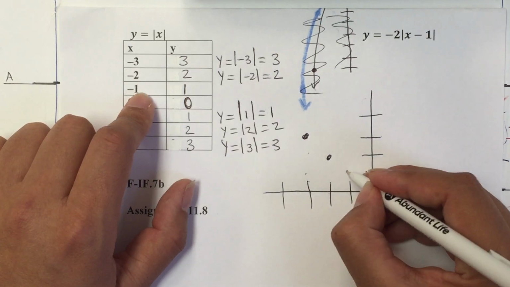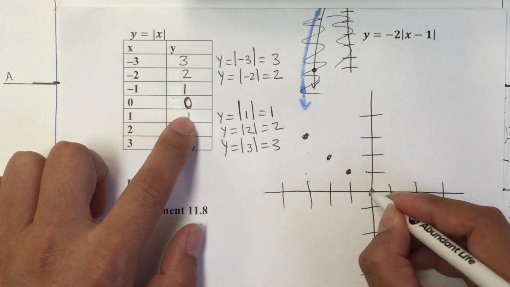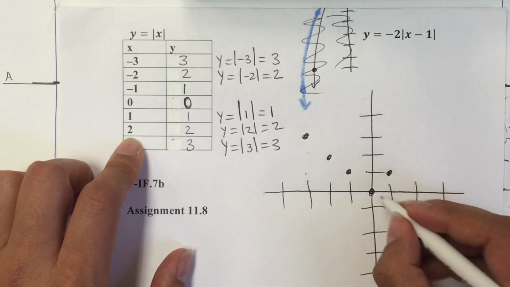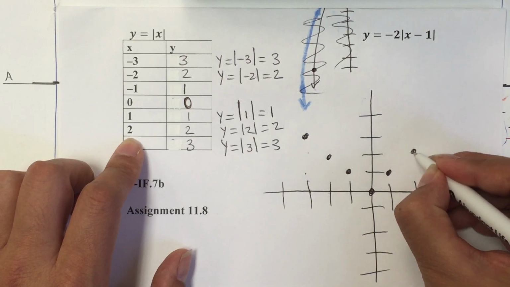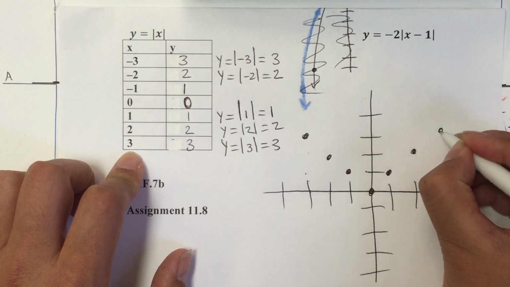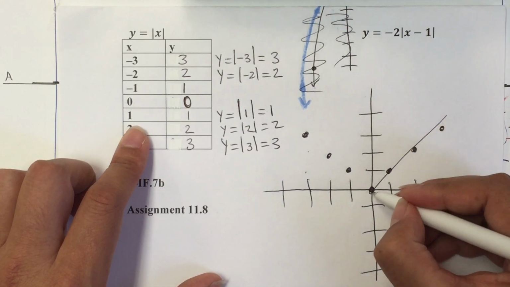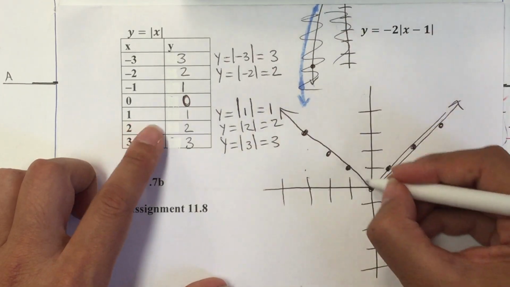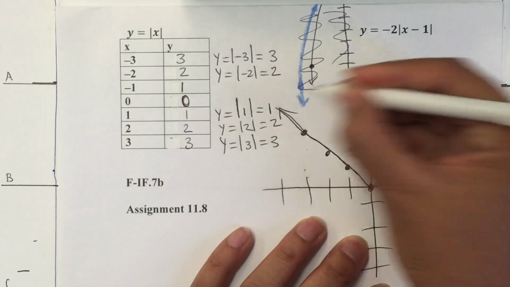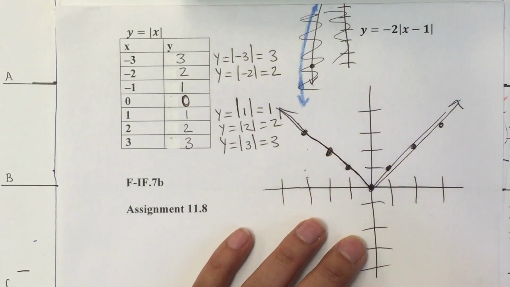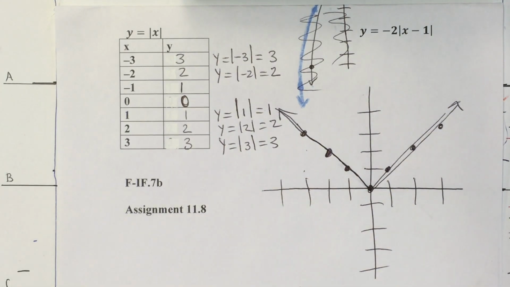Negative 1, positive 1. 0, 0. 1, 1. 2, 2. And then 3, 3. If you notice, we have seen these graphs, right? Why do we have a graph like this? Now you know. The absolute value just means the positive, not the opposite, but the positive of that value. So that's my mother graph.